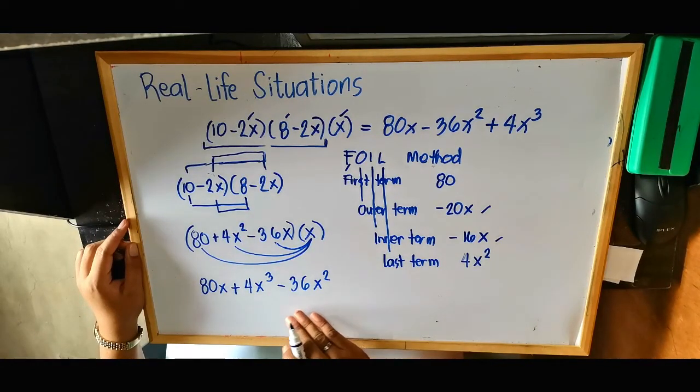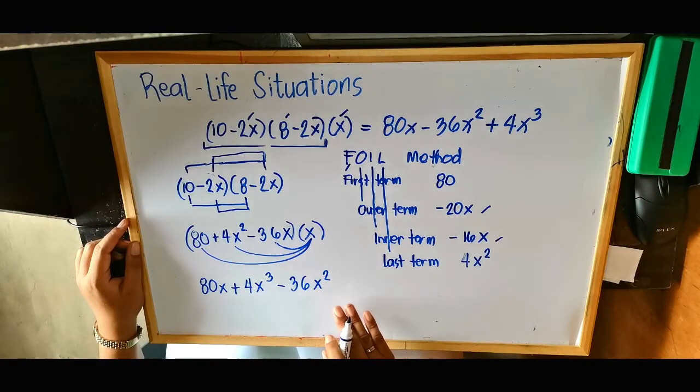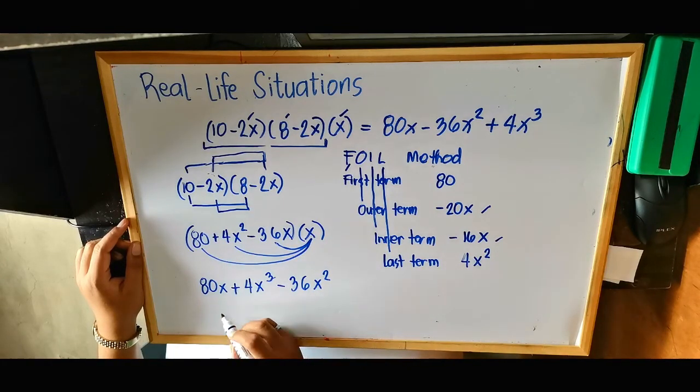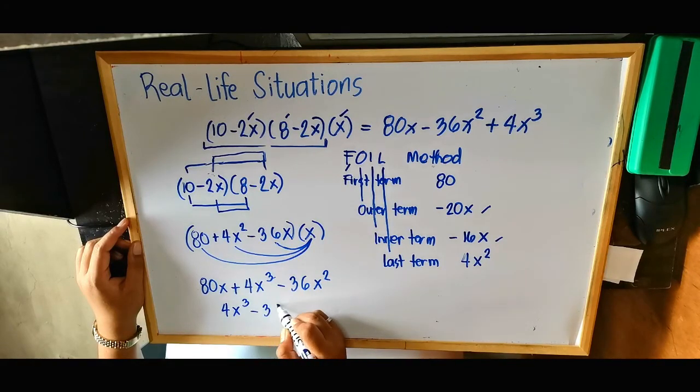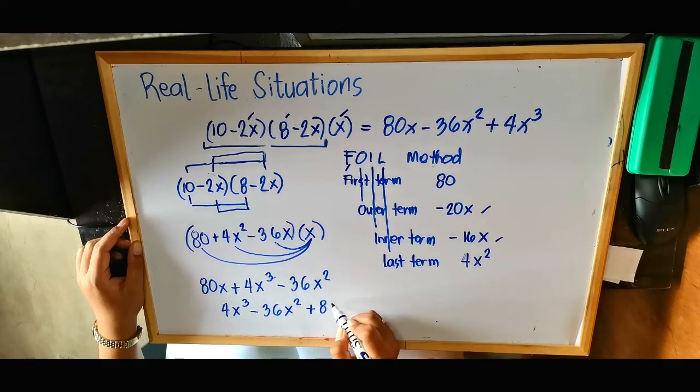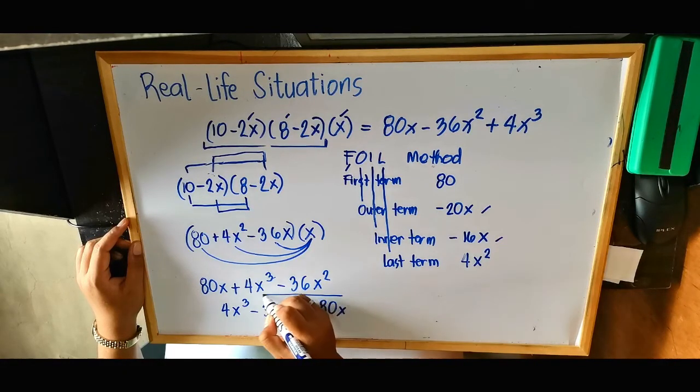So, when this is our expression, we can arrange it into descending order of our degrees or exponents. So, it may be 4x cubed minus 36x squared plus 80x.